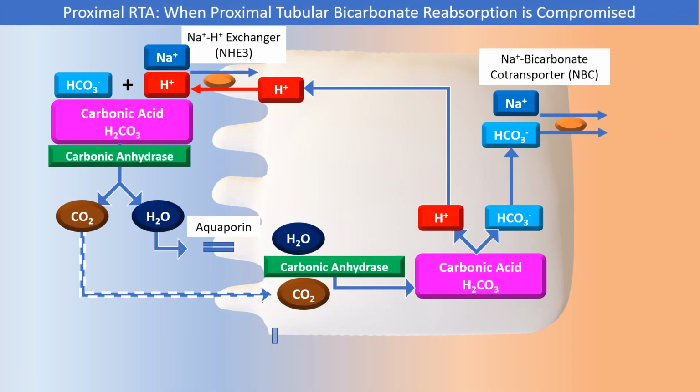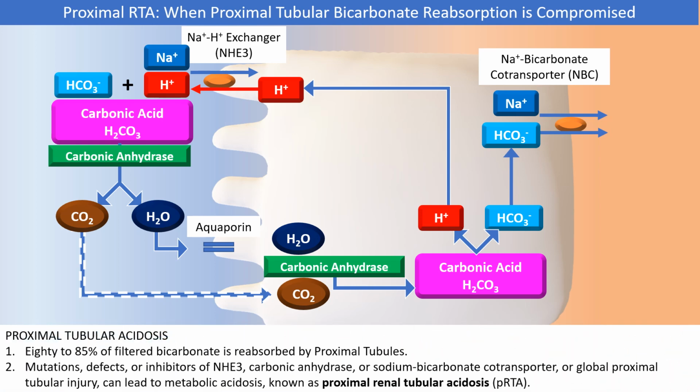Recall that most of the filtered bicarbonate is reabsorbed in the proximal tubules. Anything that interferes with any part of the bicarbonate reabsorption process can lead to reduced bicarbonate reabsorption and cause metabolic acidosis.